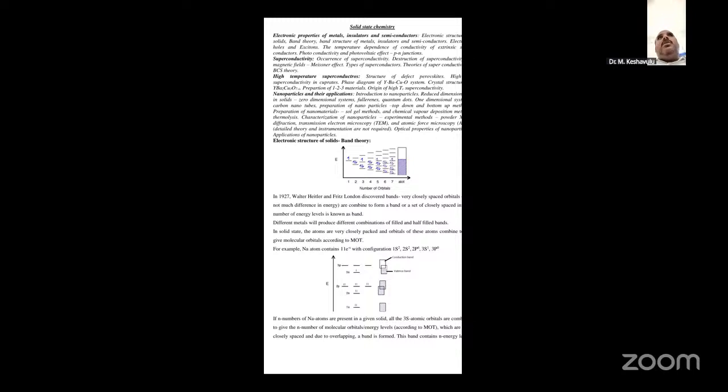Then there are two kinds of solid materials: crystalline solids and amorphous solids. Just a brief introduction about solids. In crystalline solids, they possess sharp melting points. But in amorphous solids, the melting point lies within a range of temperatures.